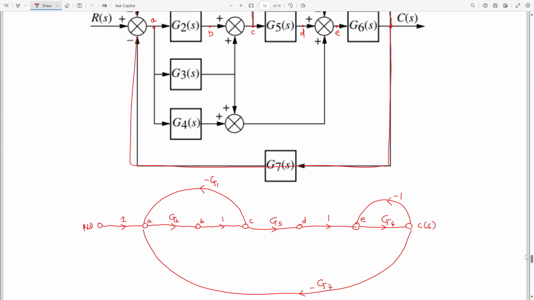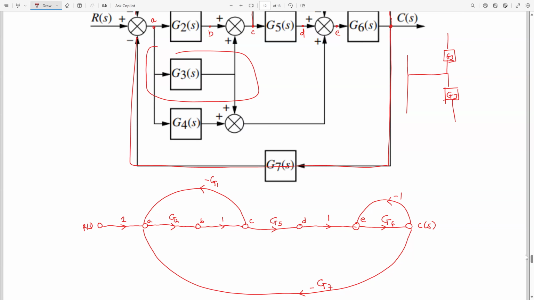So how we do this is, I try to break it down so that you can redraw this thing right here as G3, the same transfer function with G3, right?